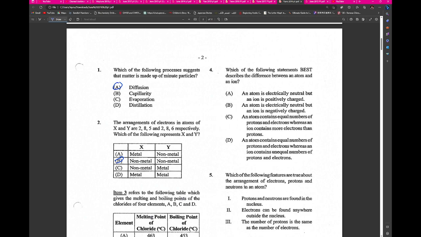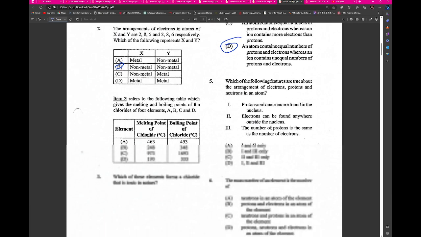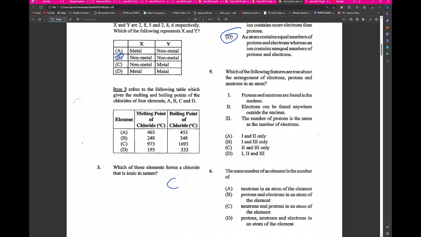Which of the following best describes the difference between an atom and an ion? We looked at this as well. Alright, which of the following features are true about the arrangement of electrons, protons, and neutrons? The protons are found in the nucleus, and the electrons are outside the nucleus. The number of protons and number of electrons are the same in atoms, so that's true.